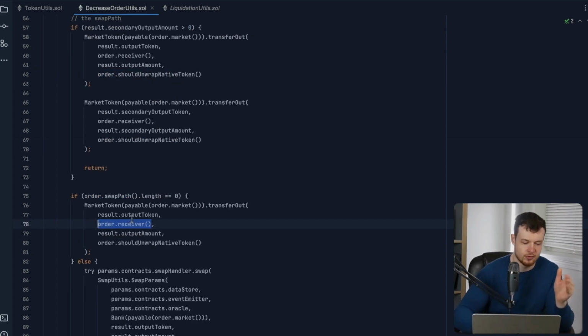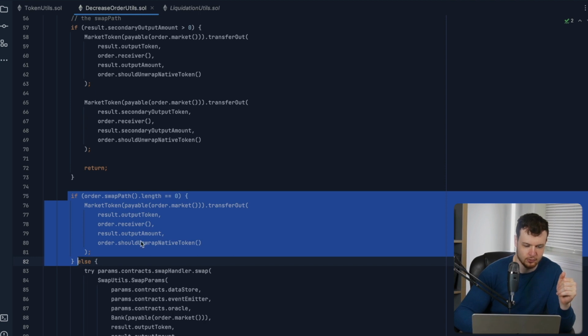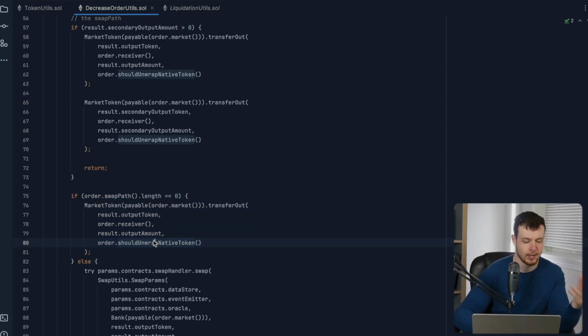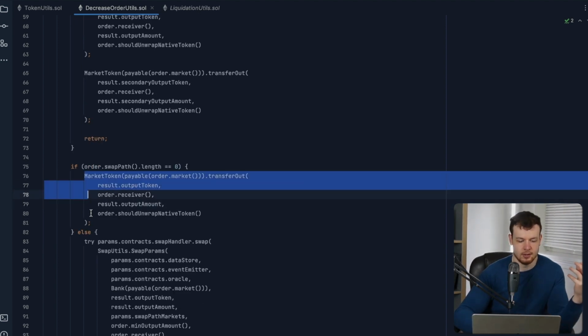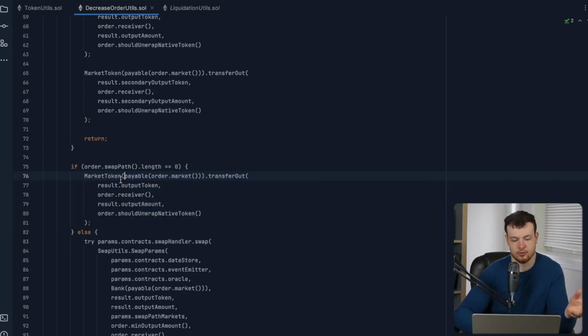So let's focus in on this case when there's only one token to transfer out, because this is by far the easiest to understand. What we're doing is from a market token, which is actually holding all of the tokens that need to be transferred out to this receiver, we're transferring out output amount of this output token.